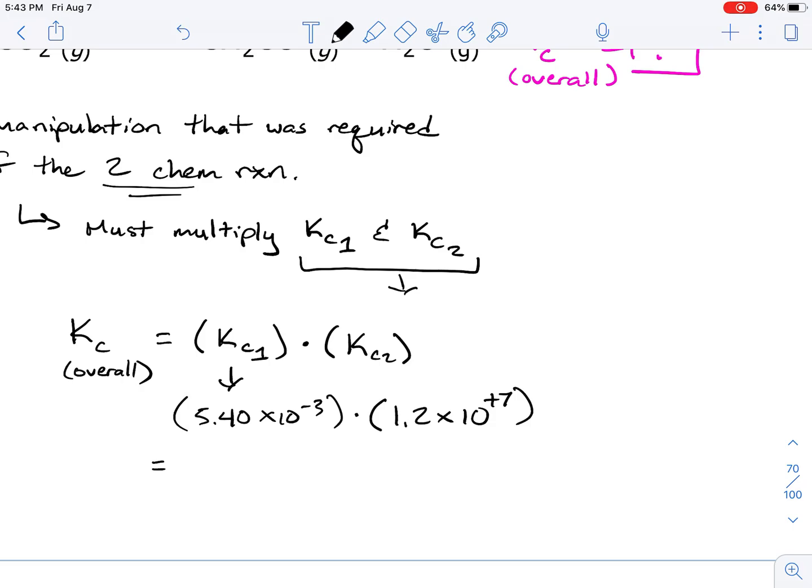So 5.40 times 10 to the negative 3 times 1.2 times 10 to the positive 7. And since I have two sig figs here, I'm going to report two sig figs in my final answer. So I have 6.5 times 10 to the positive 4. And so that's going to represent my overall Kc.